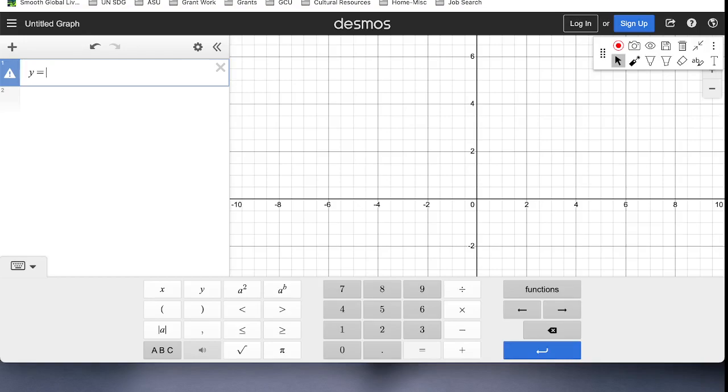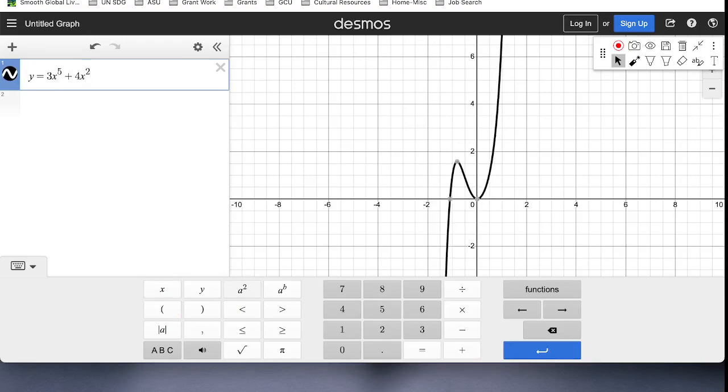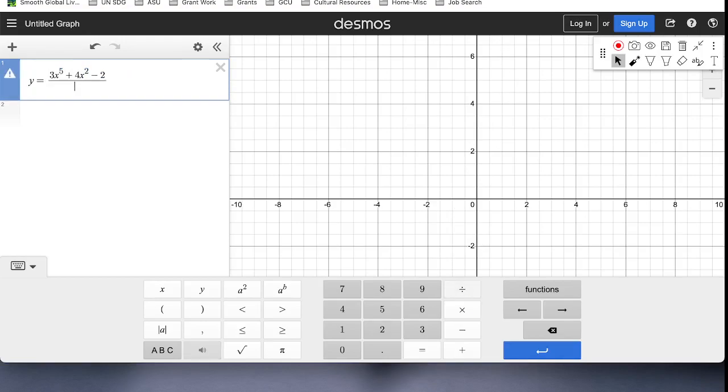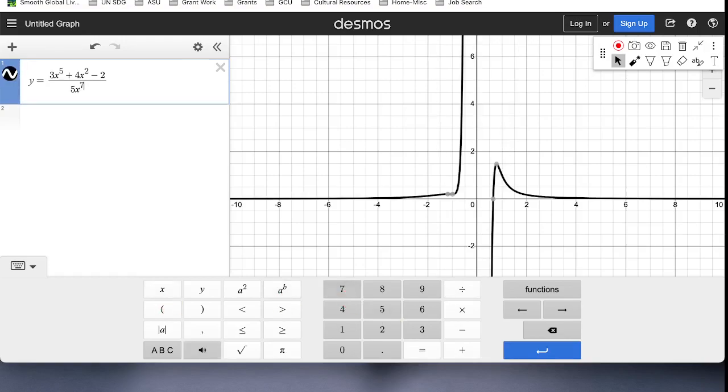So what did I do? 3x to the 5th plus 4x squared, I think I did, and then minus 2. And then I want to make this into a fraction, so I'll select that and divide. And then the bottom I did 5x to the 7th plus 2, right? That doesn't make much of a difference.